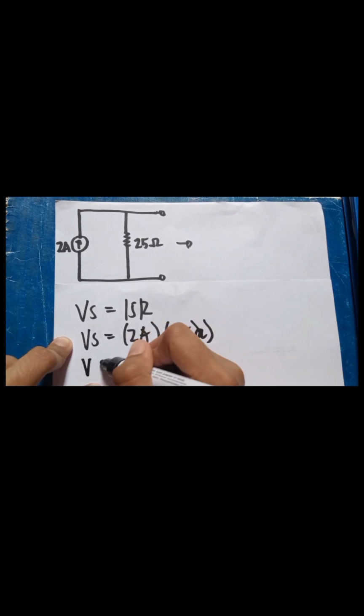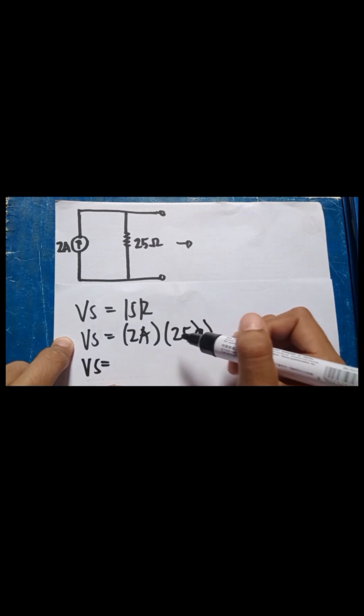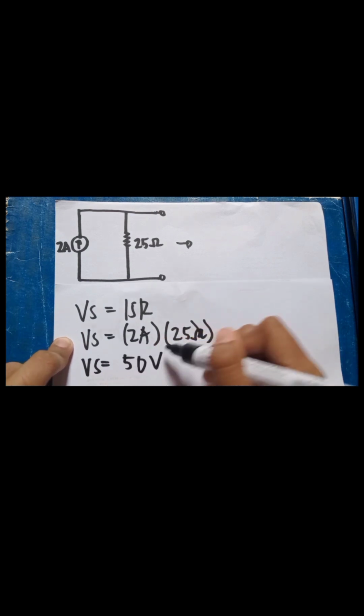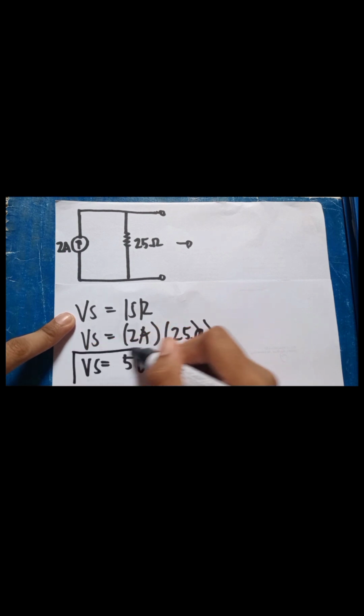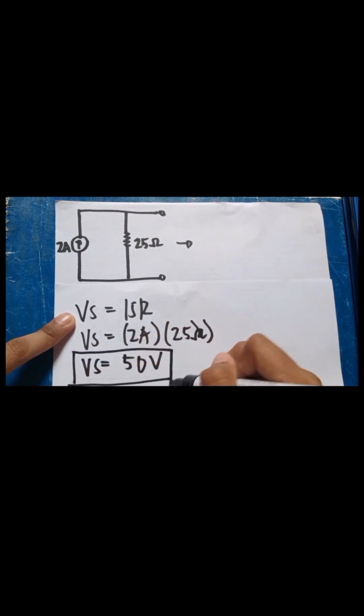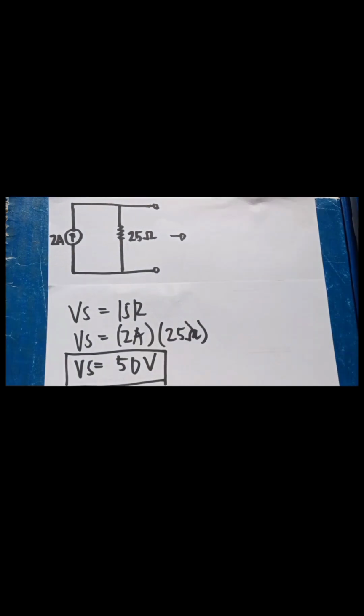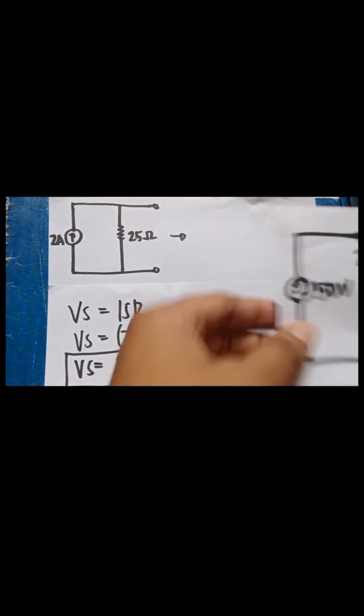So, VS is equal to 50 volts. So, the value of the voltage source is 50 volts. If we transfer it to a voltage source, the voltage source would be like this.